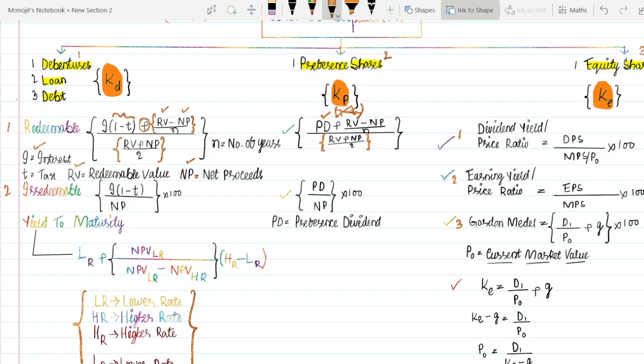So the formula is interest into 1 minus t divided by net proceeds. And for irredeemable preference shares, in the numerator we need to write preference dividend divided by net proceeds into 100. PD means preference dividend.